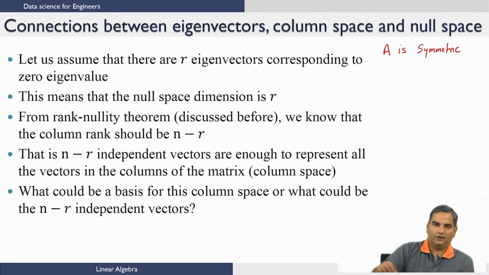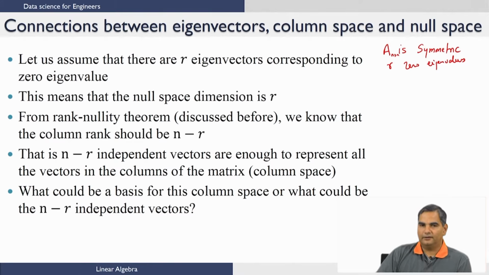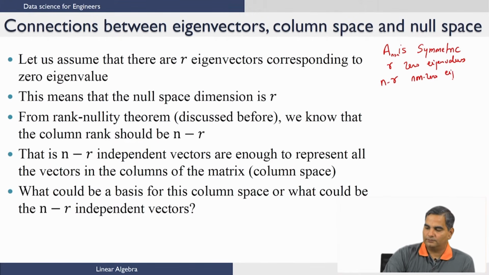Even then all of this discussion is valid, but as a general case let us assume that R eigenvalues are 0. Since we are assuming this matrix is n by n, there will be n real eigenvalues of which R are 0. So, there will be n minus R non-zero eigenvalues.